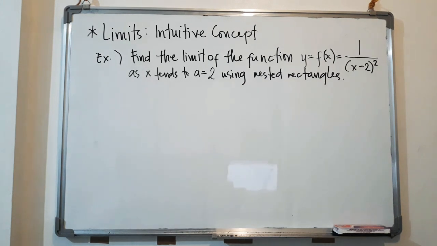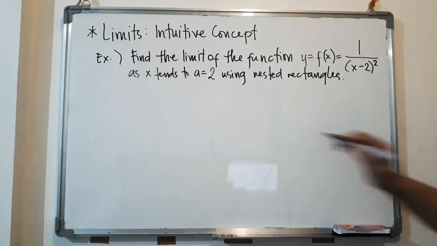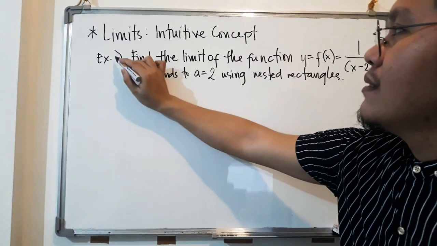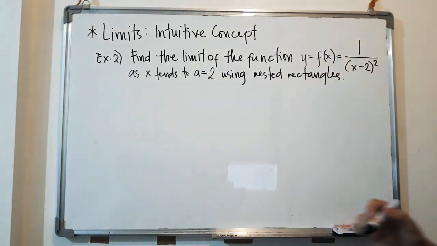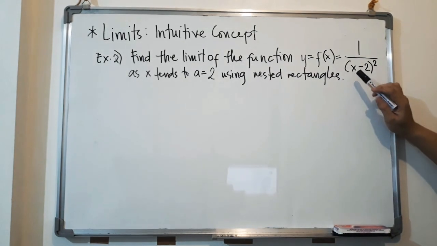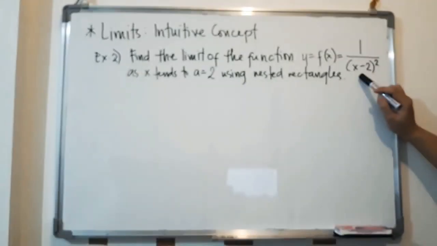Now, let's have example number 2. Find the limit of the function y, a function of x, which is equal to 1 over the quantity (x minus 2) squared as x tends to a equals 2 using nested rectangles.